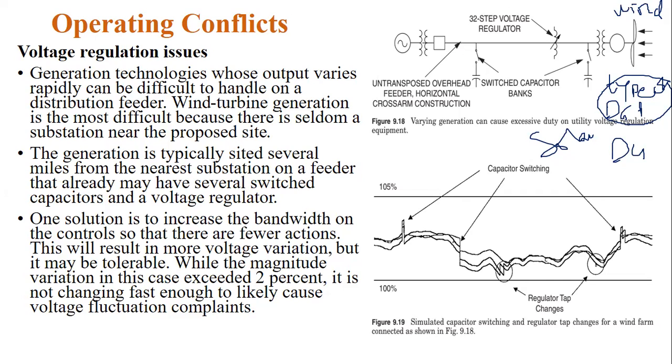So this is one of the problems. At the same time, on the load side or in the substation side, someone can add capacitor banks to improve the power quality or the power factor. That will also be greatly impacted by adding these DGs to the distributed generation.